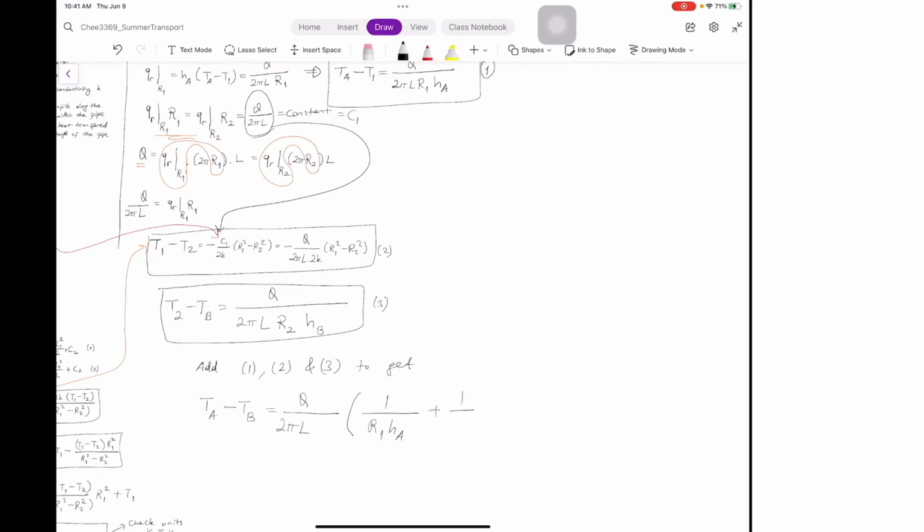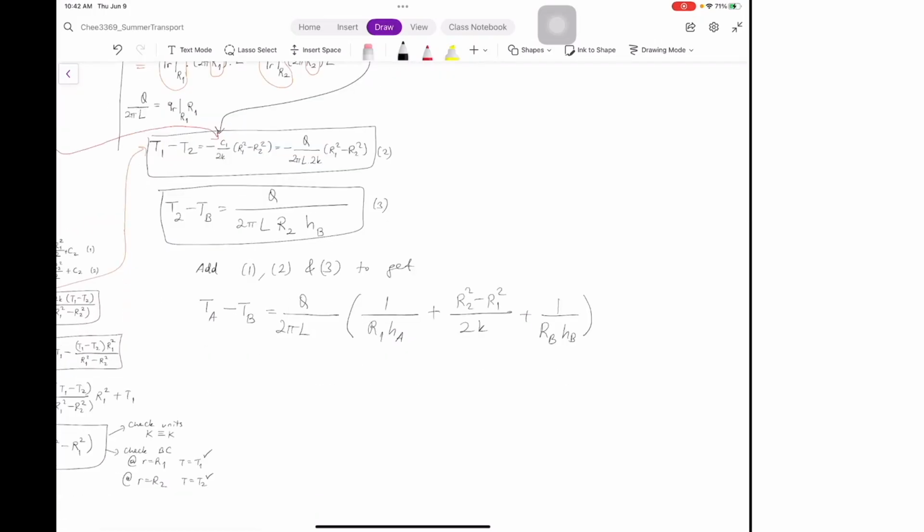So 1 over 2K, R2 squared minus R1 squared divided by 2K plus 1 over RB HB. Right? There you go.